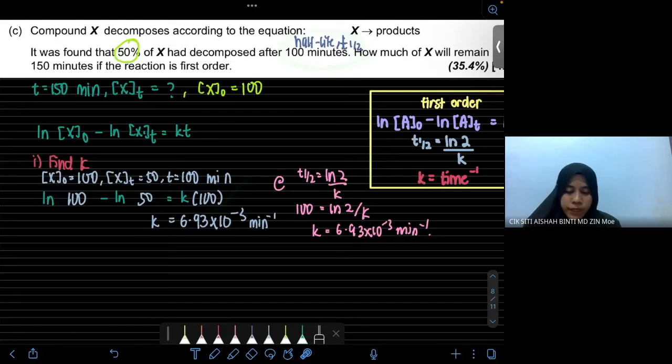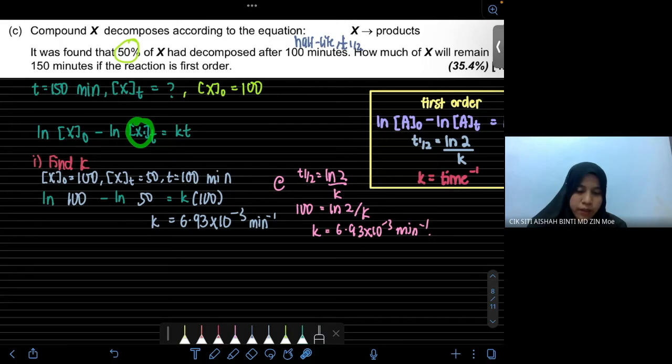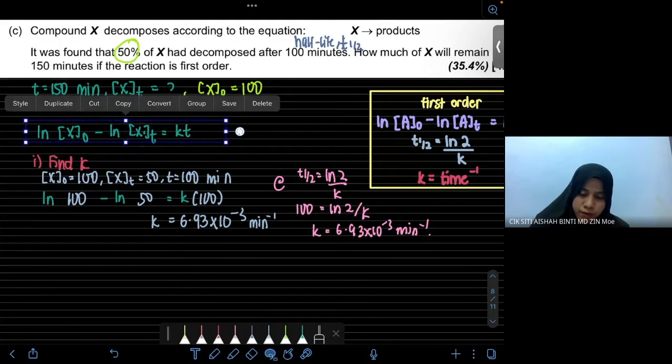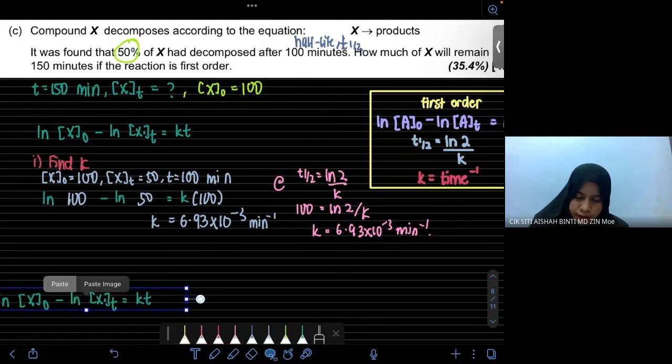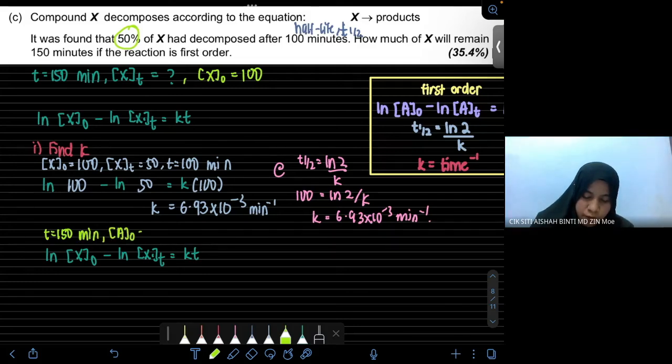So from here, once we have found k, then we can find how much of X will remain after 150 minutes. For when time is equal to 150 minutes, the initial concentration is still 100.